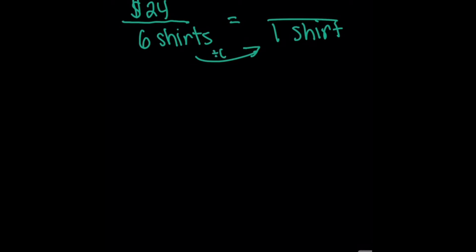This one is divide by 6. Again, whatever I do to the denominator, I must do to the numerator, so I also divide 24 by 6, which is 4. So it takes $4 per shirt. If each of those 6 shirts cost the same and I want to know how much one shirt costs, I would use unit rate.